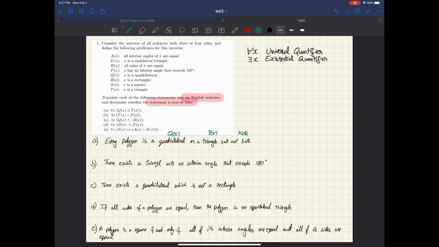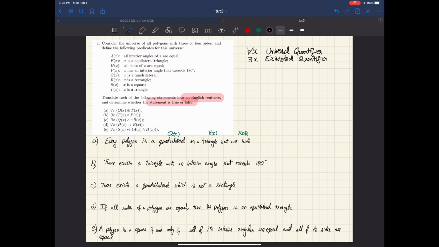The second statement is for some x, T of x and P of x. Now, T of x says x is a triangle, and P of x says x has an interior angle that exceeds 180 degrees. So that would mean there exists a triangle with an interior angle that exceeds 180 degrees.